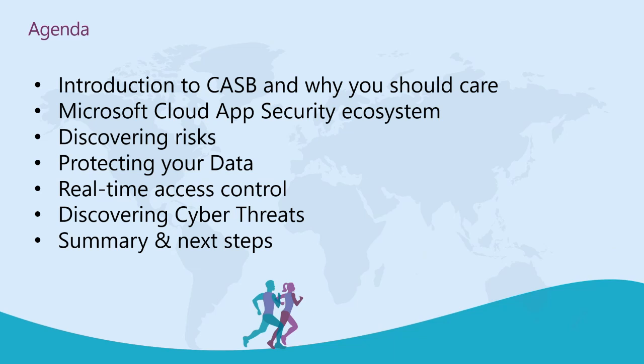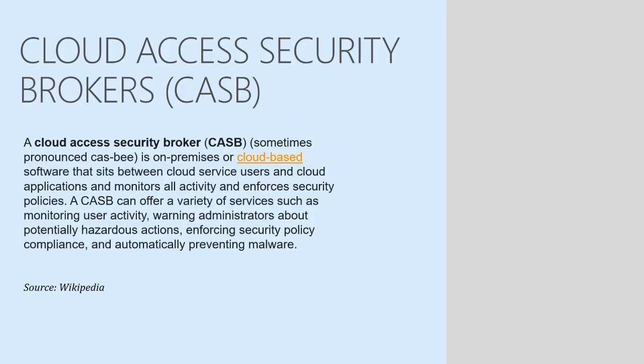So what is cloud app security, or cloud access security brokers, CASB as the name goes in the security world. I took the Wikipedia explanation, but in short, think of CASB as a software solution which sits between your on-premise environment and the cloud environment and keeps listening to the traffic going in both directions and the user activities.